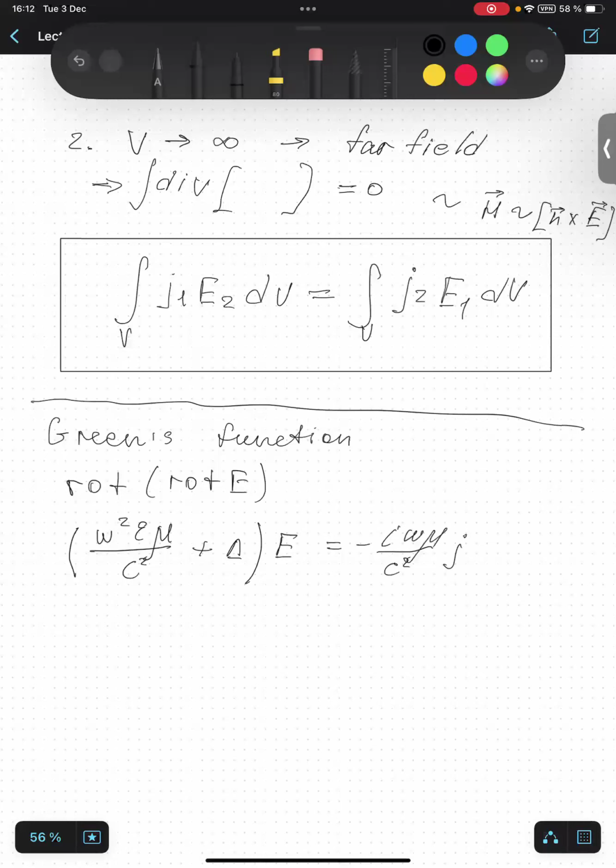And how can we write the solution of this equation? Obviously, it is possible to do through the Green's function.